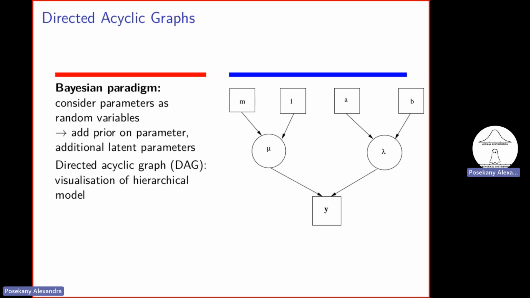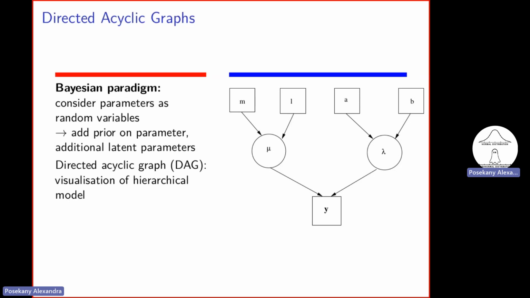And therefore, we will talk about directed acyclic graphs as the first thing to start out, because this is a very nice way of visualizing Bayesian models in a natural way.